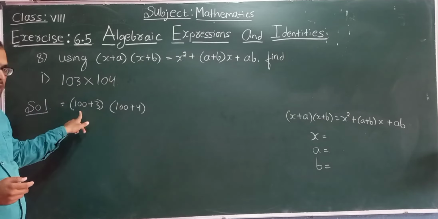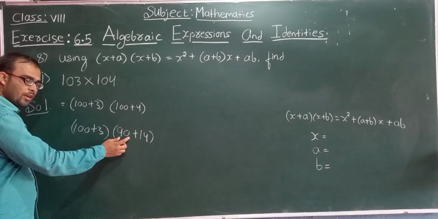Okay, so look at here x and here also x is there, no? So if here 100 is there means, so here also 100 should be there. Okay, so you cannot divide like this, 100 plus 3, next here 90 plus 14. Okay, you cannot divide like this. If here 100 is coming means, so here also 100 should come.